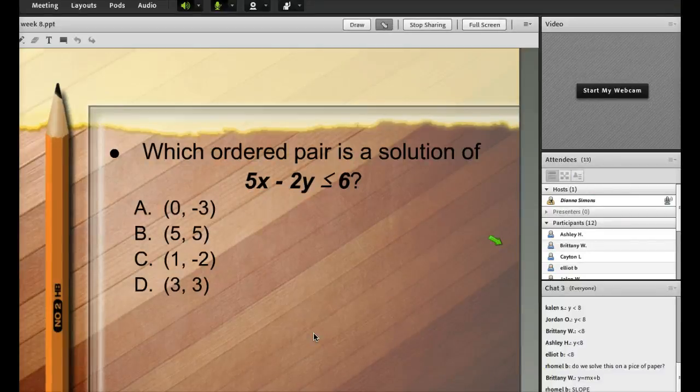I'll give you guys just a couple minutes to do this. Which one is going to be a solution? Did you do that in your head? Okay.